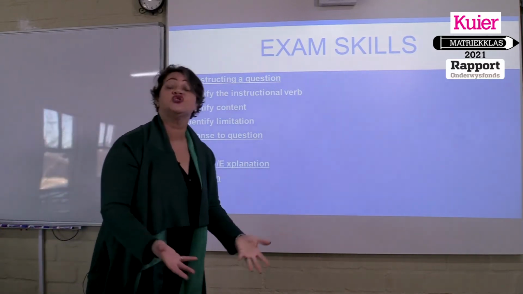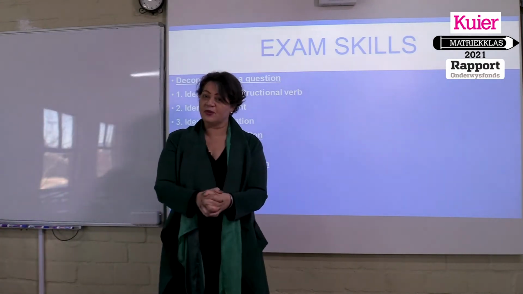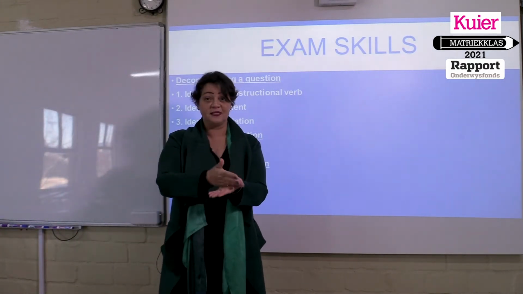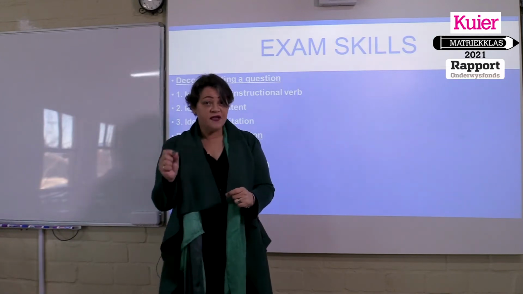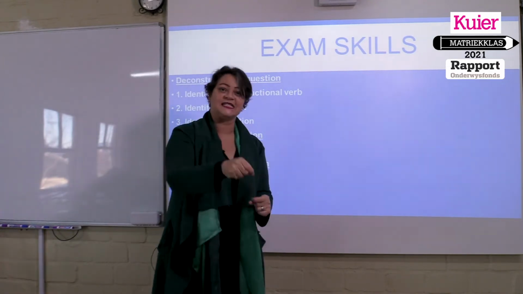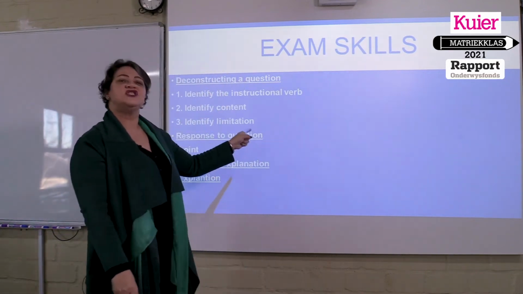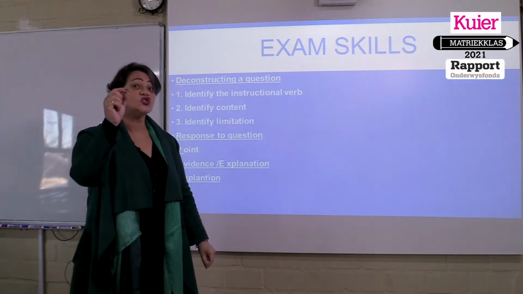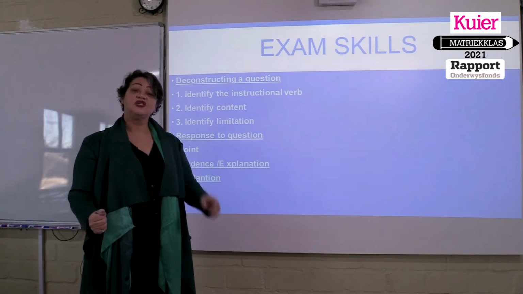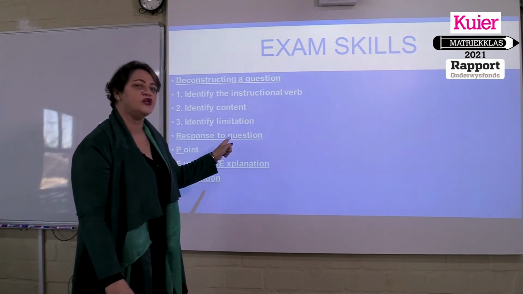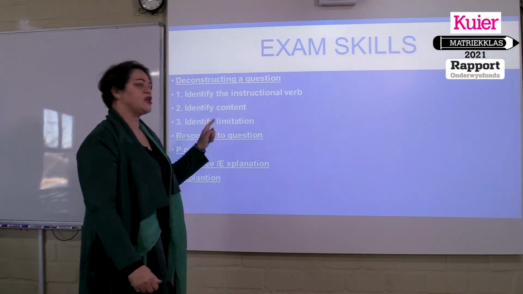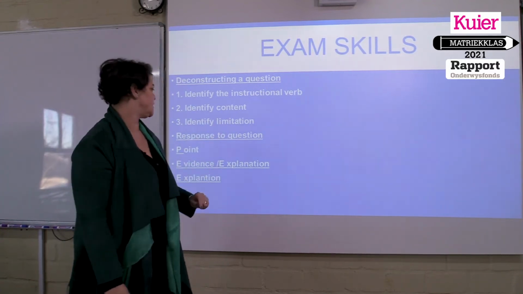It's the entire story. Please remember, grade 12, that sometimes it could be limited to just the text that you are reading. Okay? So if they say in this extract, your limitation changes. If they say in the story, your limitation is different. So you need to be sure that when you look at deconstructing your question, you know where they are telling you to go and look for that answer.